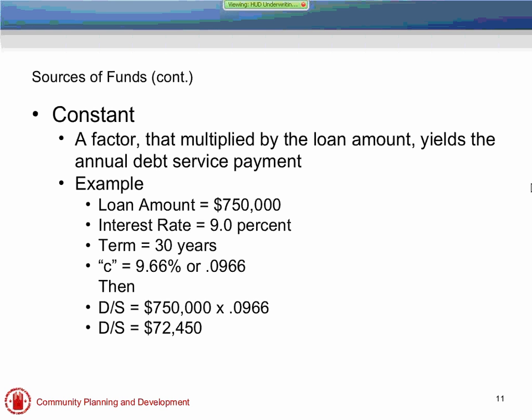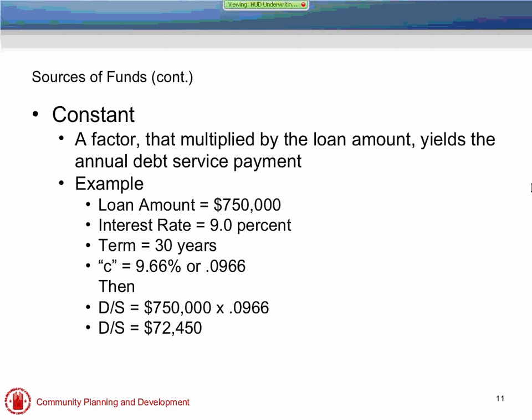So to determine the debt service on this particular loan, $750,000 loan times our constant gives us an annual debt service amount of $72,450. So again, this is going to be our annual debt service, and this is going to apply towards both the interest and principal, and that's going to change each month just like a regular monthly home mortgage does.